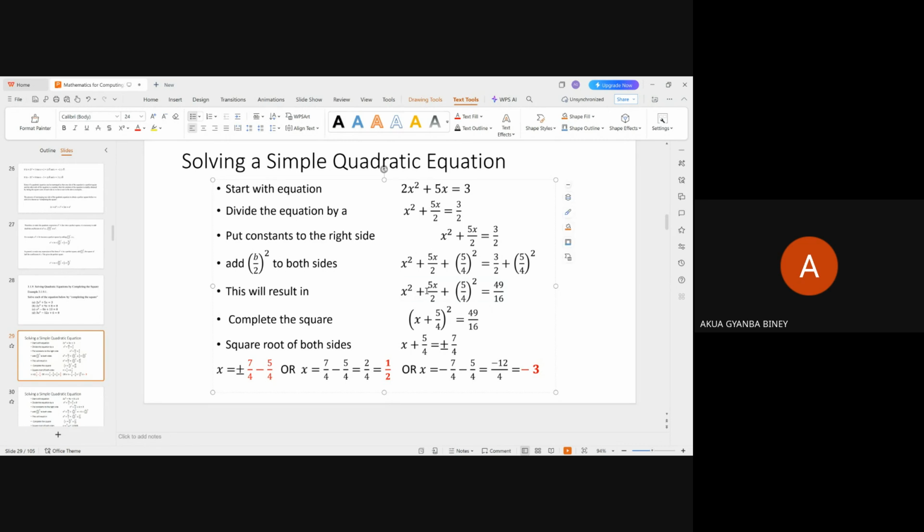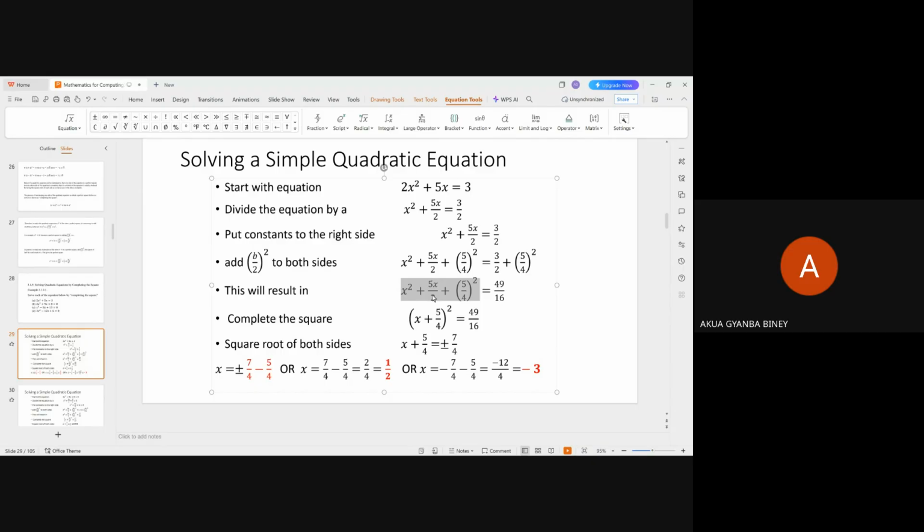Now to this part. If you see the way this part is, we can easily put it into a perfect square. All those that have squares, we put them together in a bracket, all squared, equals 49 over 16.